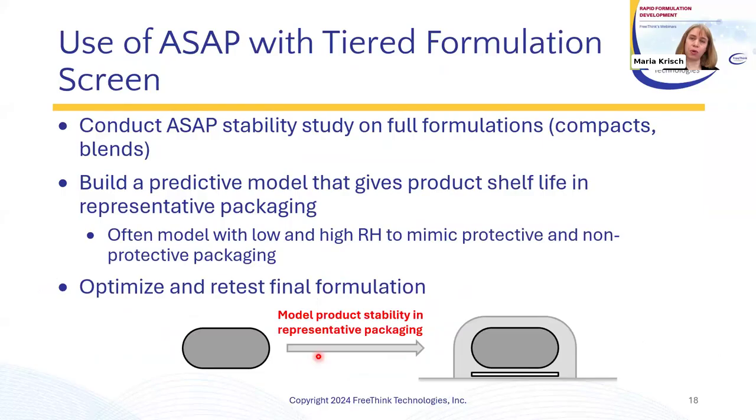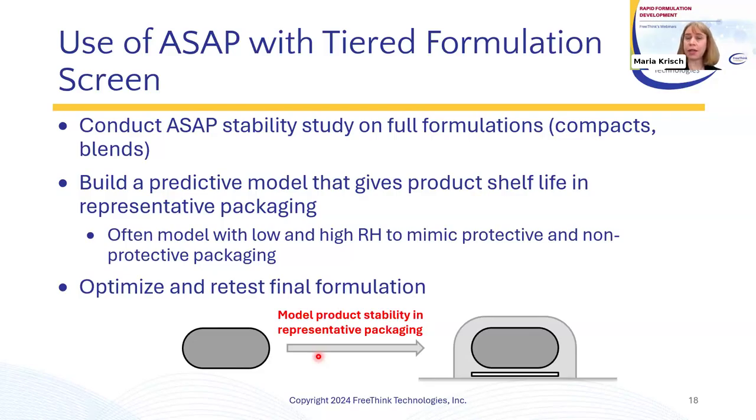The general approach for using this for stability is what we call a tiered formulation screen. We take a full formulation where everything is present at representative amounts. This doesn't necessarily have to be the complete final formulation. Often, instead of a real tablet, it would be a compact or a blend, but you have all of the excipients present in the right ratios.